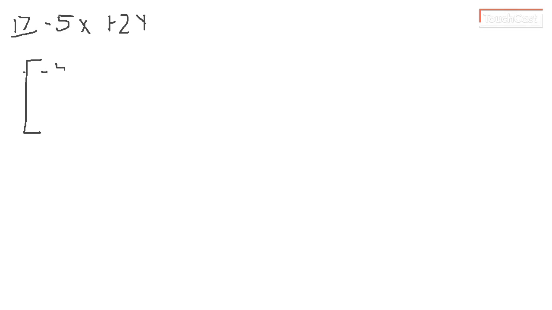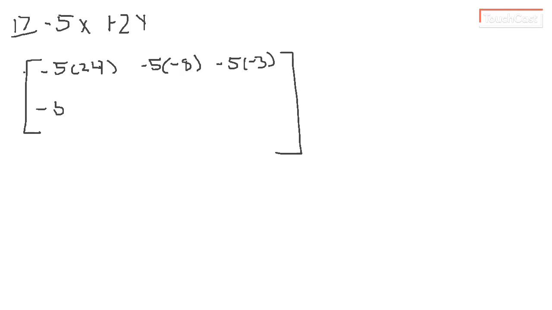We're going to have negative 5 times 24, negative 5 times negative 8, and negative 5 times negative 3, negative 5 times negative 4, negative 5 times 6, and negative 5 times negative 17.